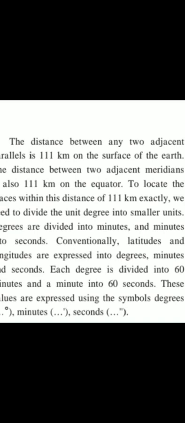Let us understand what the exact distance is. The distance between any two adjacent parallels is the same everywhere, 111 kilometers on the surface of the earth, and the meridian distance is also 111 kilometers at the equator.